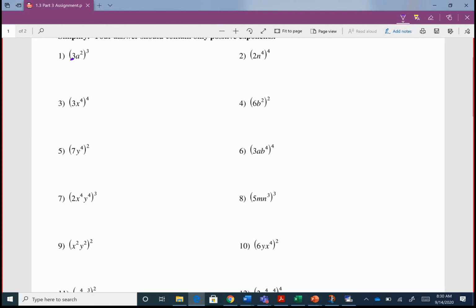So if I expand it out, I'm going to use the 3 on the outside first. So 3a squared, 3a squared, and 3a squared. So I just took the outside exponent, that was 3, and I wrote what was inside the parentheses 3 times.